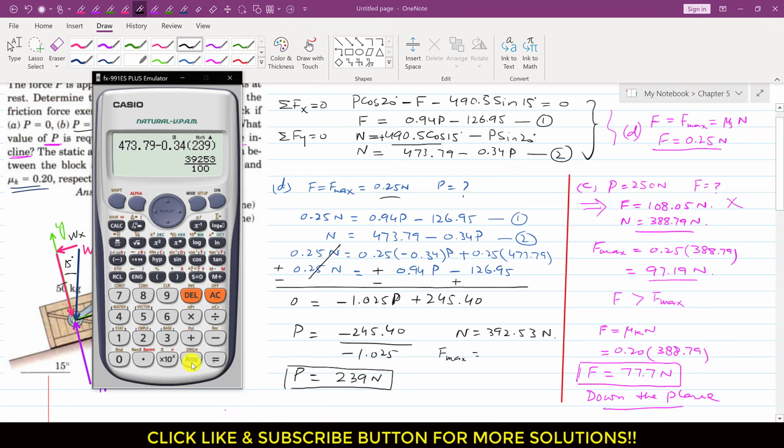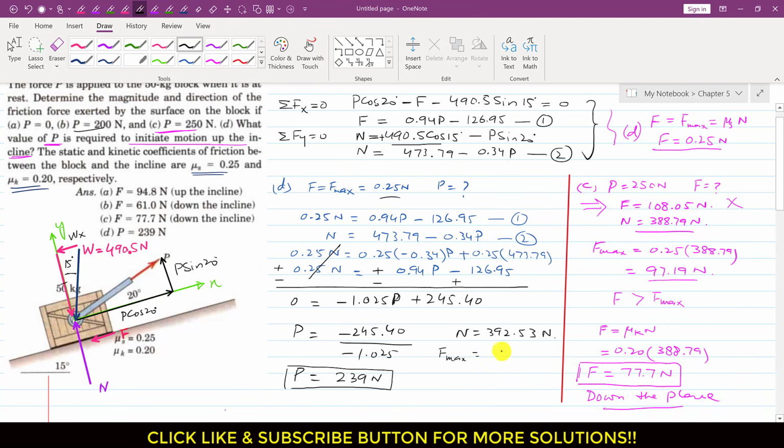So I will multiply this answer with 0.25. So this is 98.13. So f max is 98.13 newtons. So now if p value is 239, we will have maximum friction of 98.13 newtons for this part D.